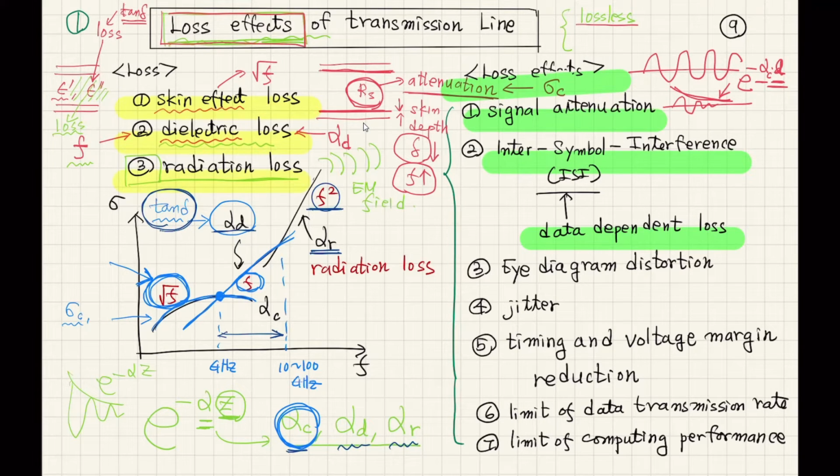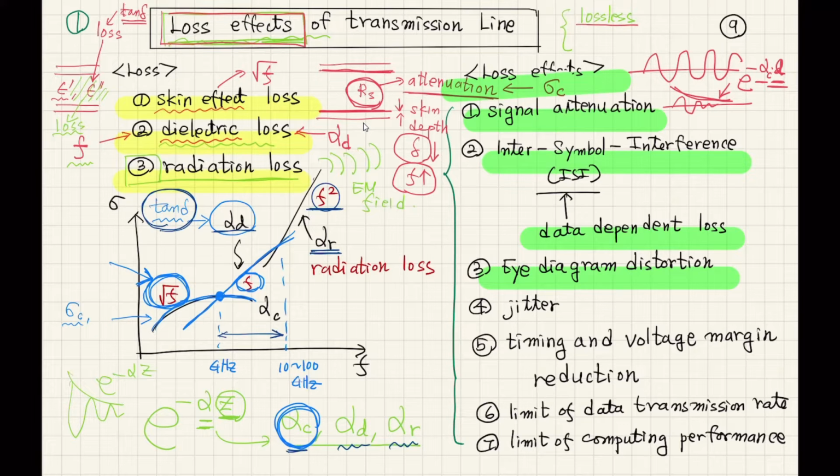Because of this signal attenuation and ISI, you're gonna have eye diagram distortion, and eye diagram distortion will give you smaller and smaller voltage and timing margin. Because of that, it is very difficult to design a receiver circuit with minimal bit error rate. So because of these interconnection issues, ISI plus power and ground noise, it is very, very difficult to design the receiver circuit.